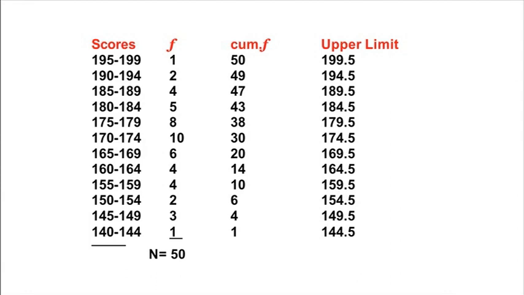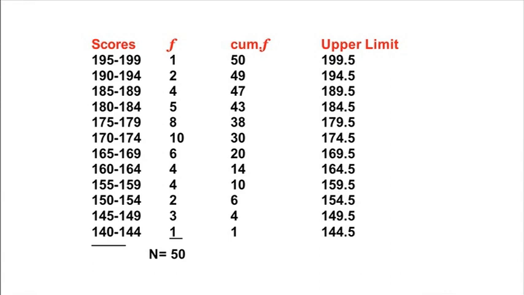For example, I am presenting a data before you. The data is 140 to 144, 145 to 149, 150 to 154, 155 to 159, 160 to 164, 165 to 169, 170 to 174, 175 to 179, 180 to 184, 185 to 189, 190 to 194 and 195 to 199.